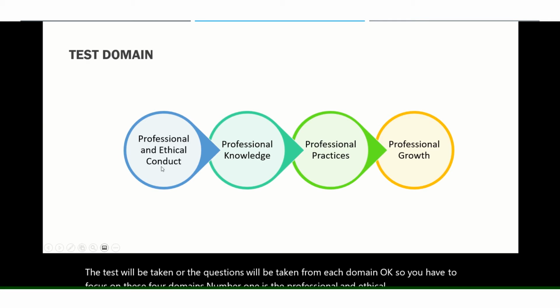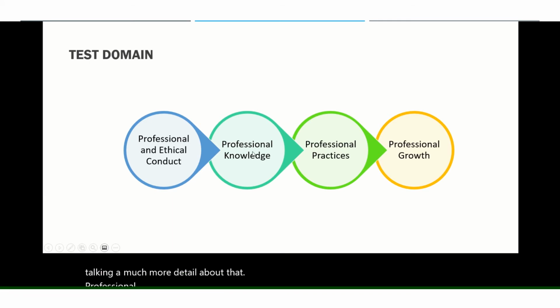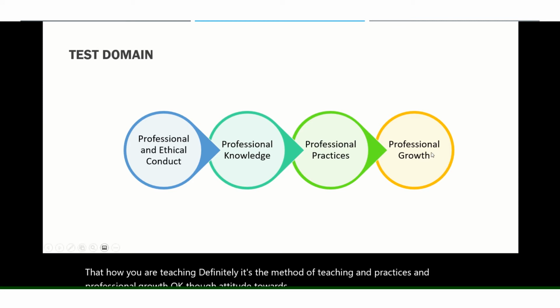We'll be talking in much more detail about that. Professional knowledge means the school or any other platform where you are practicing. Professional practices is how you are teaching, the method of teaching and practices. And professional growth is your attitude towards the staff, the colleagues and the management. So these are the 4 domains in which you will be tested.